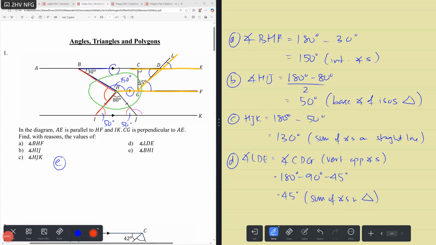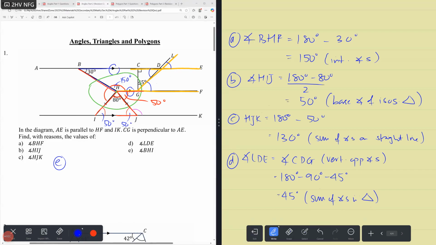In order for me to find our angle BHI, we need to know this angle here, which is 150. We already know them. We know this angle is 80. Our job is to find out what is this last angle here, which is FHJ. FHJ is equal to 50 degrees as well, because it is alternate with the angle below that.